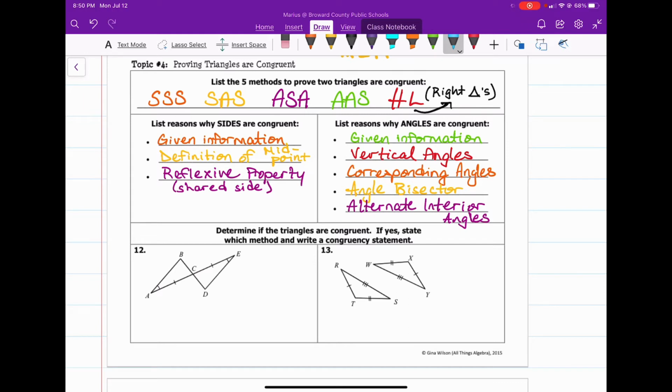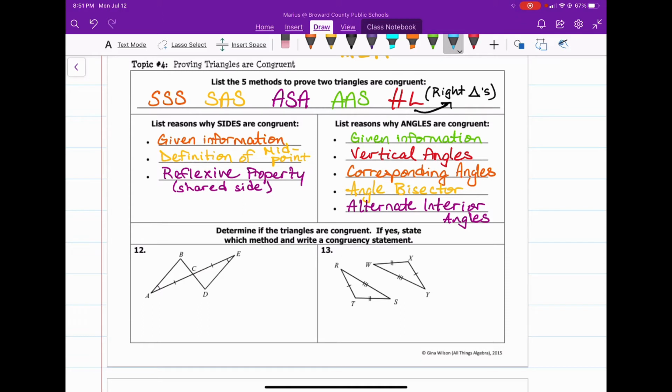They're equal. Okay, they're each a half of the entire angle. And the last, alternate interior angles are also congruent. We're going to go through a few examples to figure out if and why these triangles are congruent. Side, side, side, side, angle, side, angle, and so forth.